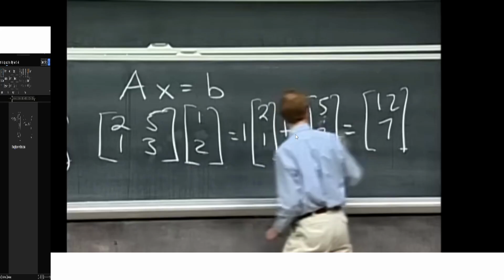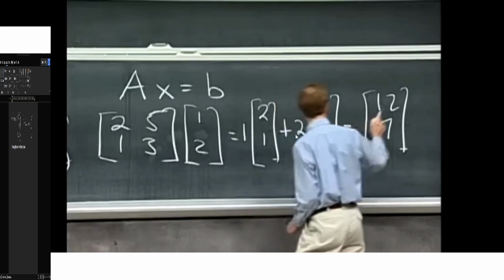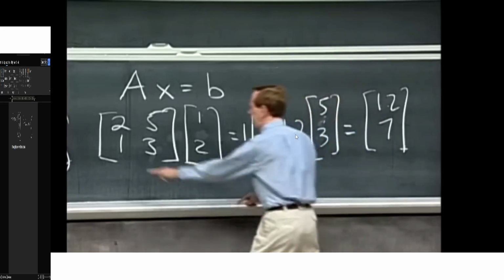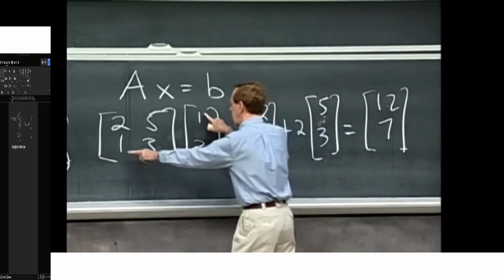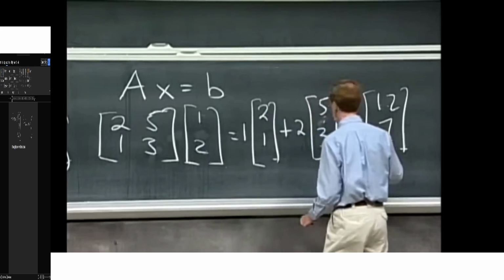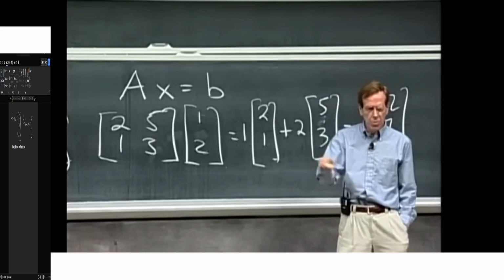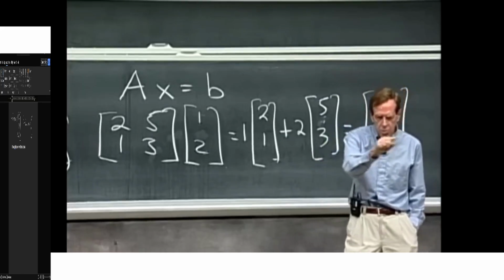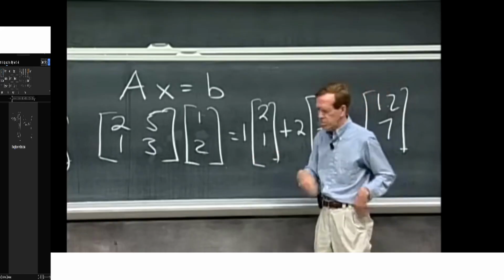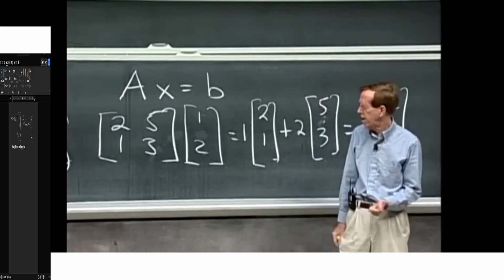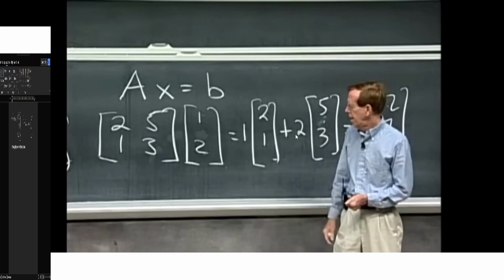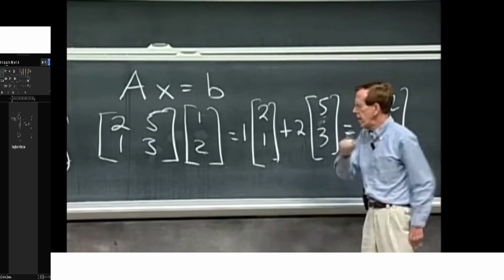That row gives the 12. This vector times this vector: 1 times 1 plus 3 times 2 is the 7. So I can do it by rows, and each row times my x is what I'll later call a dot product. Second way, by rows.